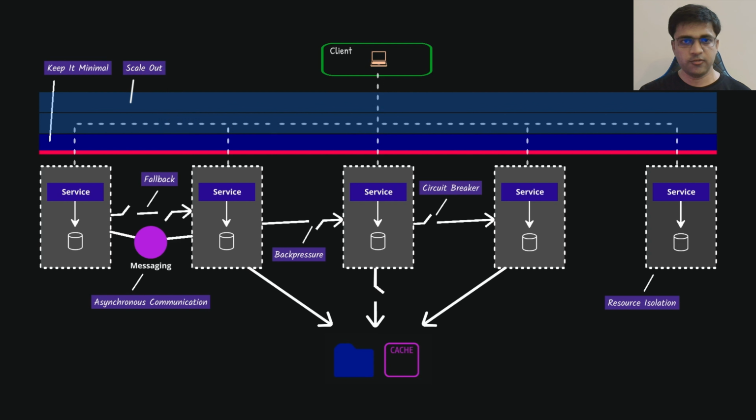The master key for designing fault isolated systems is resource isolation. Wherever you can achieve full resource isolation, you get fault isolation almost by default. But when full isolation is not possible because components need to communicate or share resources, then you need other patterns and tactics to stop failures from spreading.